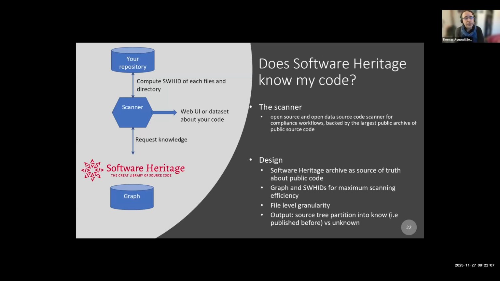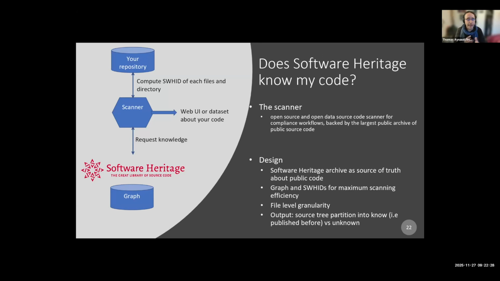You can get some information from a SWHID also. The question is, does Software Heritage know my code? So we have built a small open source tool that we call the scanner, which is open source on open data, and it can be used to scan your source code and is backed by Software Heritage.